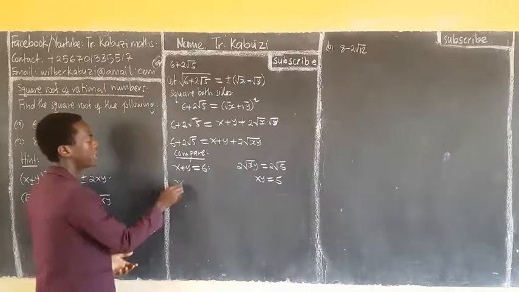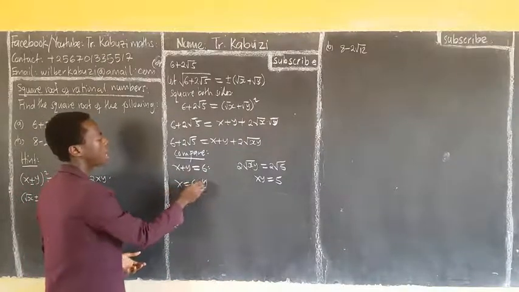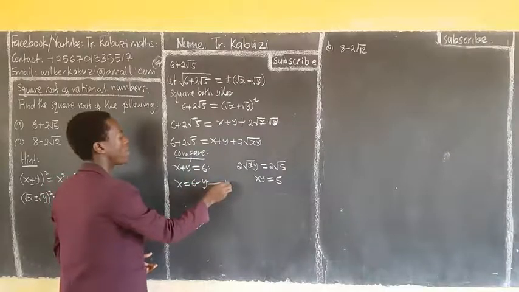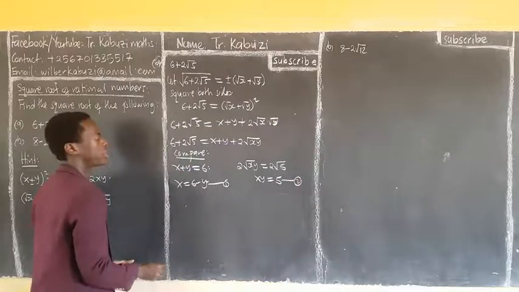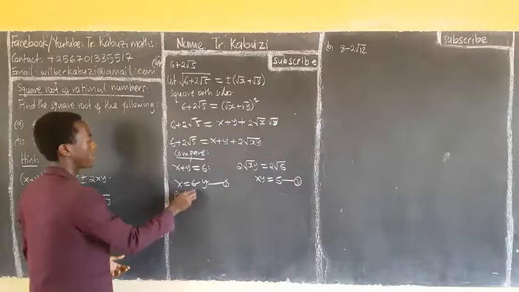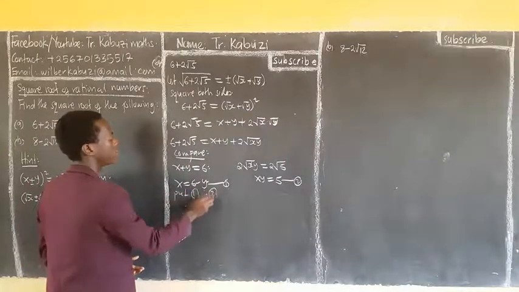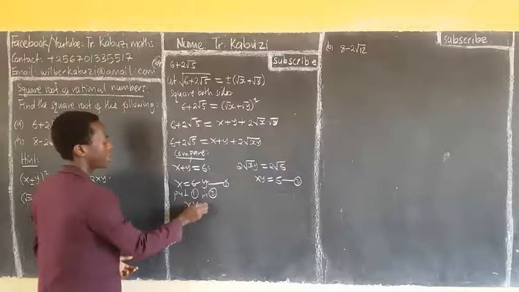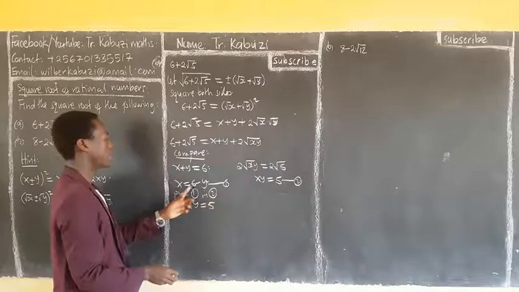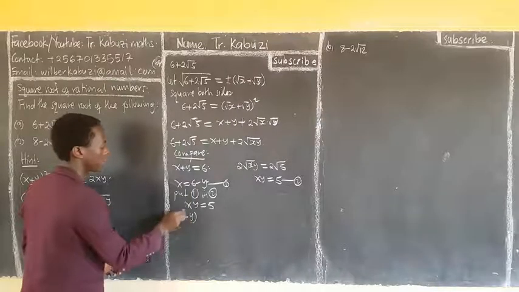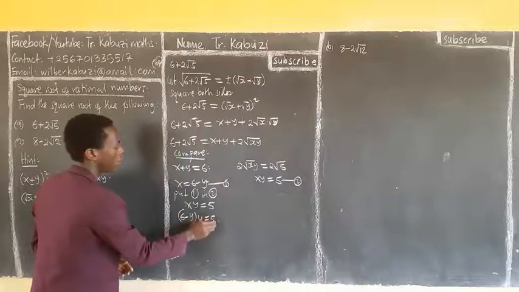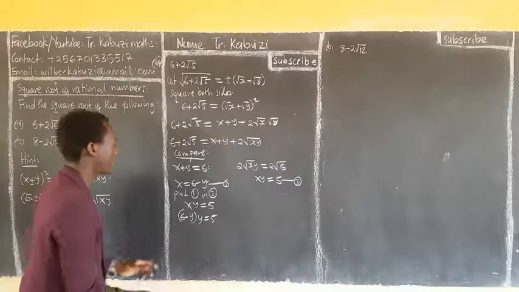Now from here, you can make x the subject. So if I make x the subject, I have 6 minus y. I call this one equation 1, and this equation 2. So I put 1 in 2. My xy equaling 5, so I have now 6 minus y times y equaling 5. Now expand here.